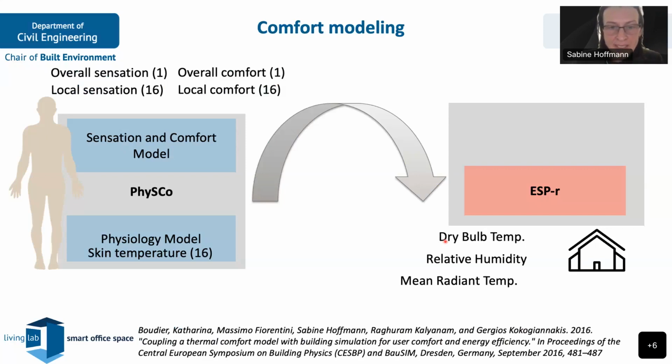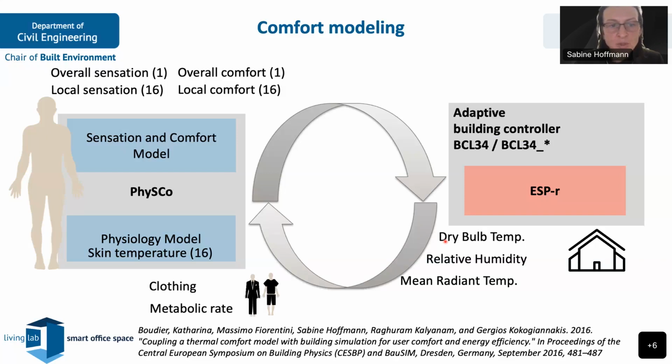And we had an input-output exchange at any time step. So through this coupling, we could integrate the thermophysiological and sensation and comfort reactions in a controller of the HVAC system that we ran in the building simulation.